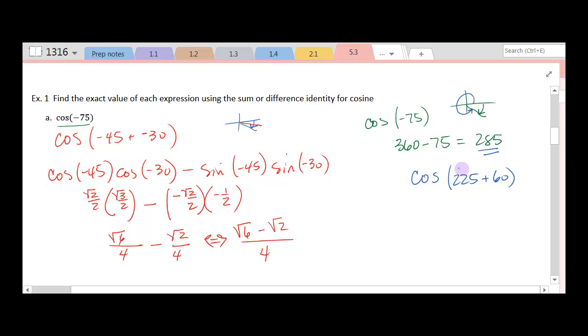If I use the sum identity for cosine with these two angles, I would end up with the same solution that I had using negative 45 and negative 30. So there are multiple ways to use the sum or difference identity for cosine, but the key is finding two angles that either add or subtract to give me the original angle I'm looking for.